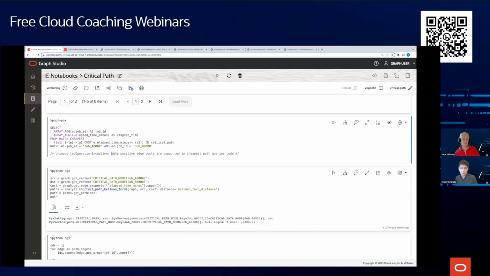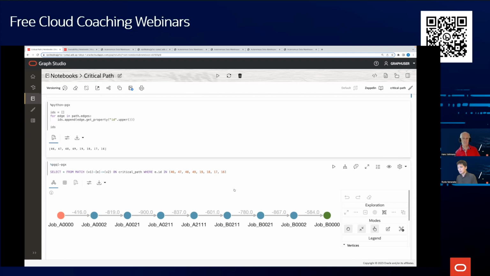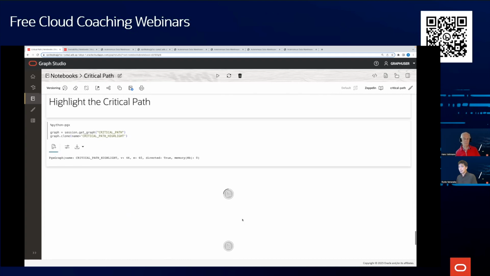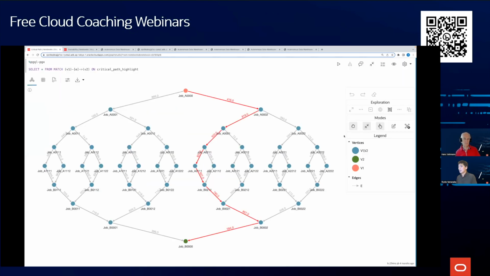So you need to use another algorithm called Bellman-Ford, which is included in the list of built-in algorithms of Oracle Graph. So you can use this and then get the result of the longest path, so that you can use that for highlighting the result in this way.